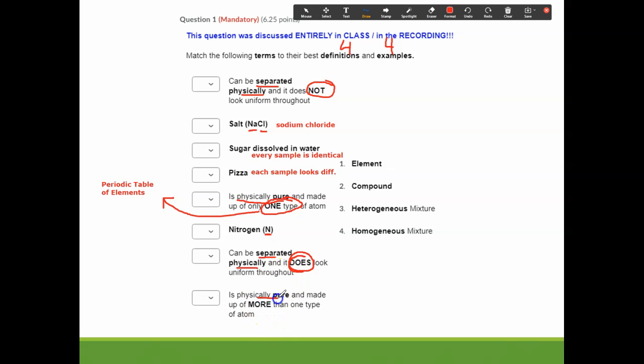And finally, something that's physically pure but is actually made up of more than one type of atom. Again, just go back to what we learned, and if you need more help on that, you can always rewind, pause, and then maybe just do each one at a time until you have them all matched up correctly. Go ahead, pause the video, and then continue playing when you're ready.